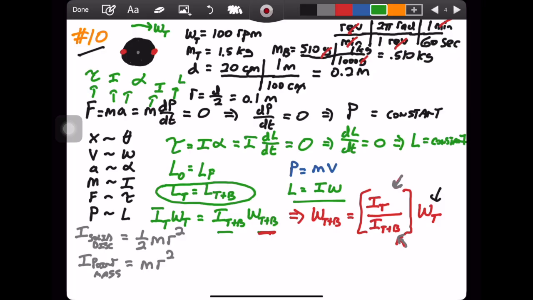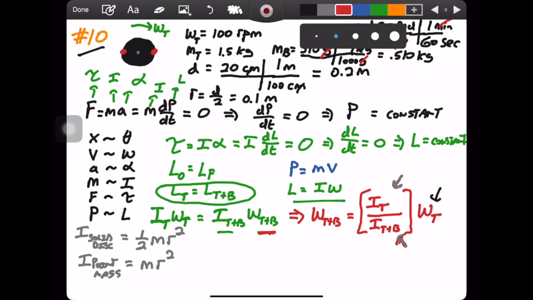And so that's what allowed me to write down this equation right here, where I can say that the moment of inertia for just the turntable and the angular velocity for just the turntable is going to be equal to the moment of inertia for the now turntable plus block combo, that's the turntable and the blocks on it now, multiplied by the new angular velocity of the turntable block combo.